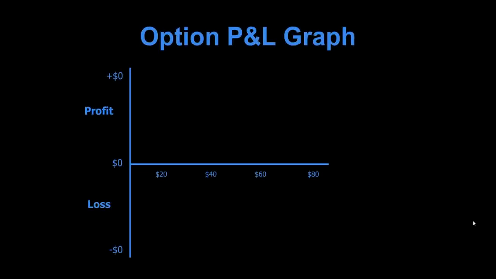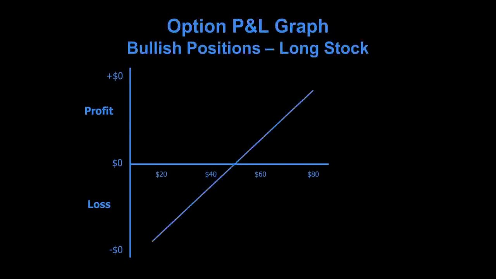Now, one other thing I wanted to show you tonight is the option P&L graph. Everybody knows, well, not everybody, but you should know, a typical P&L graph for a long stock. What do you do? You buy to open. So I'm going to buy to open 1 share of stock, or let's say 100 shares. Whenever you start trading options and you start mirroring it with stock, everything's done in lots of 100.